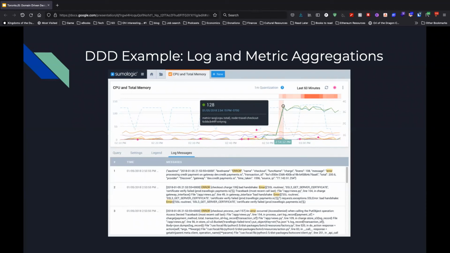It can collect all kinds of logs. And most log aggregation systems also come with a metric aggregation system. So what that means is that you can build up metric information based on the logs that it aggregates.